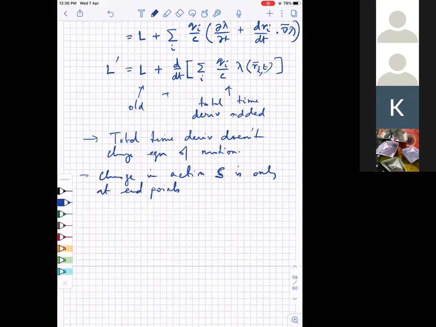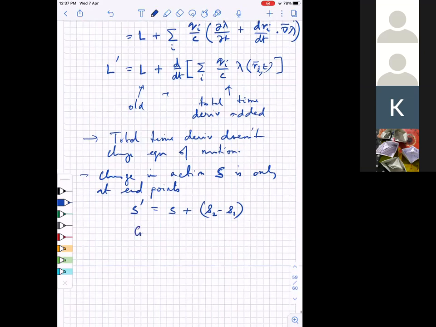So I can write down my new, changed action, which will be S plus some endpoint variation. So let me write the small s, S2 minus S1. This change is due to the endpoints when it comes to a total time derivative. So your generator is G plus delta.